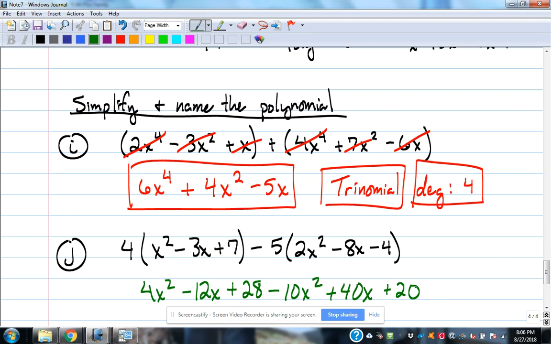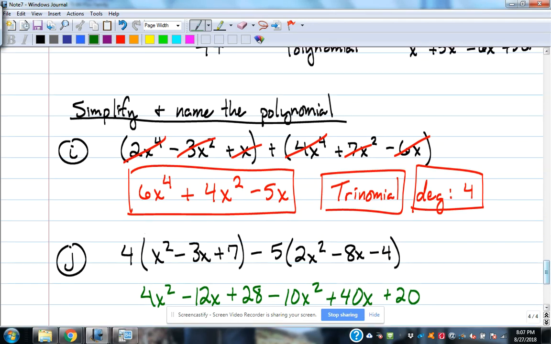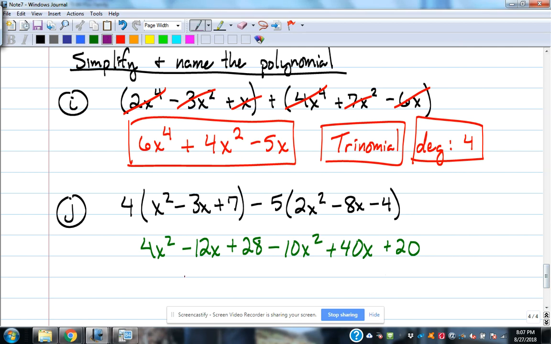Now, we look at it and say, okay, I've done the multiplication. There's not any division happening. I don't see any of that. So the next step would be to add and subtract. I'm going to add and subtract like terms. So what goes with 4x squared? Minus 10x squared. So that would together be, yep. The plain x's would be plus how much?